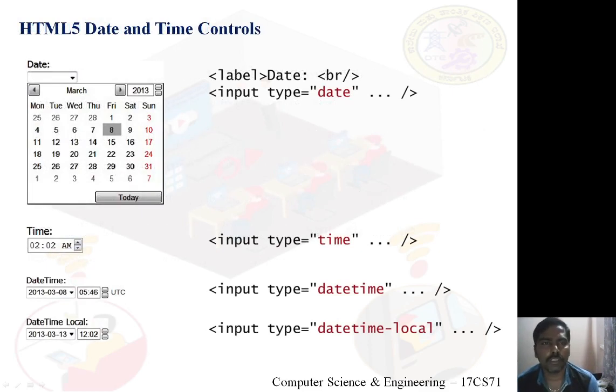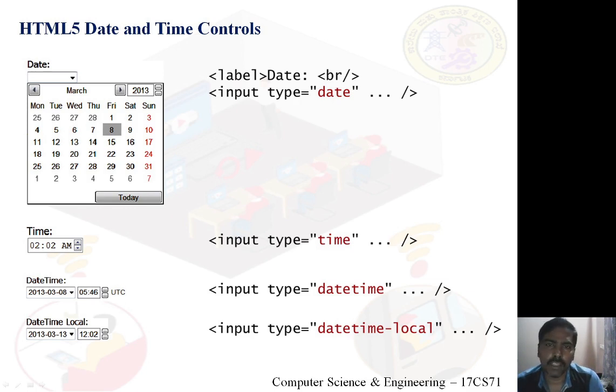Now, coming to the HTML5 date control. It's an input field, right? As I said, I need to make use of the input tag. Look at the slide, both the output displayed on the web page as well as the code snippet.